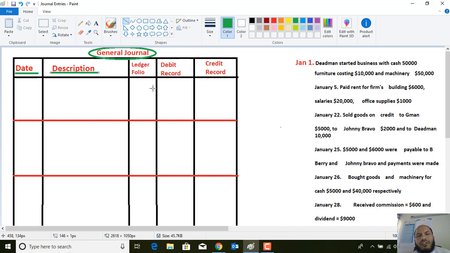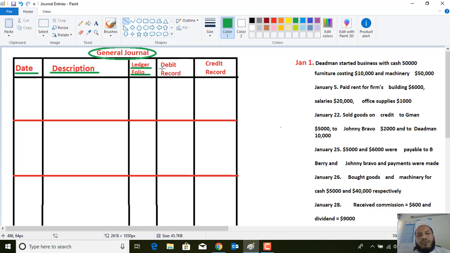Then we have the third column, which is the ledger folio, also called the reference number. Dear students, we will fill this column when we are preparing the ledger accounts. When we classify all the business transactions, we will record the page number or the reference number in this column.